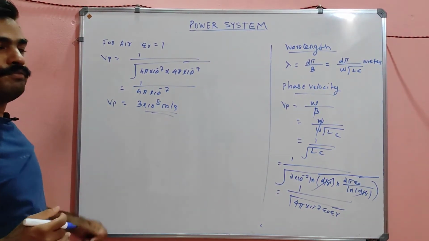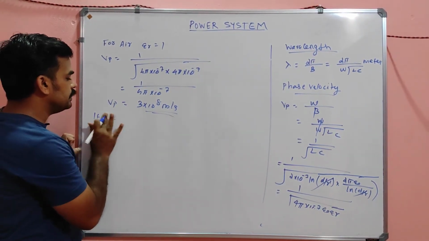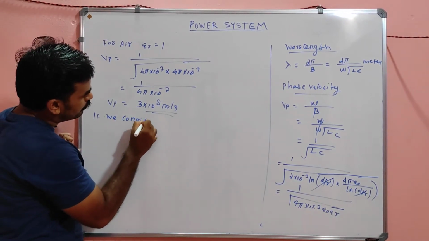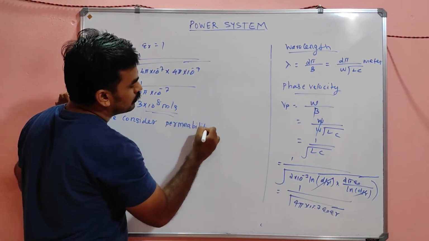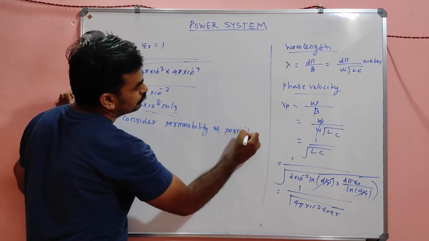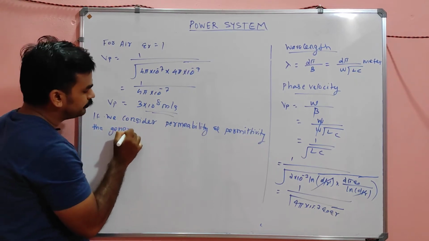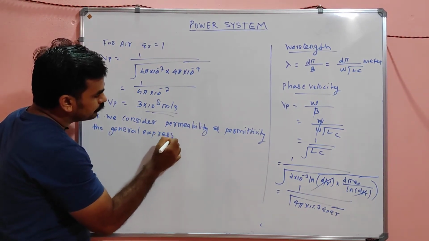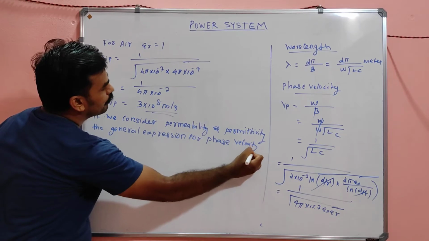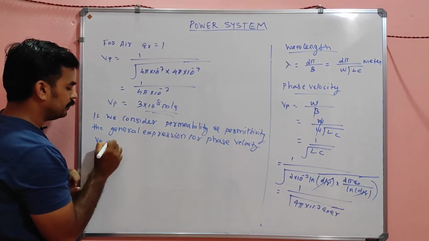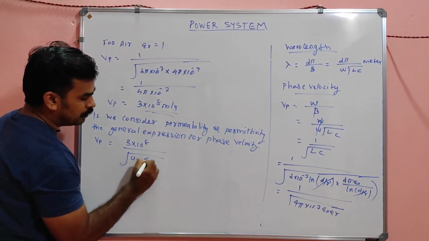This is the equation for phase velocity. If we consider permeability and permittivity, the general expression for phase velocity Vp will be equal to 3 into 10 raised to 8 whole divided by root of mu r into epsilon r.